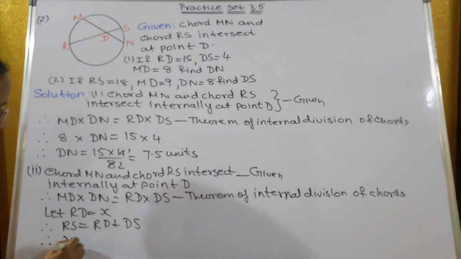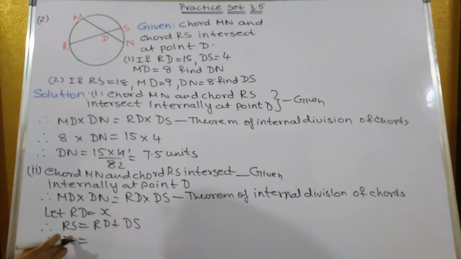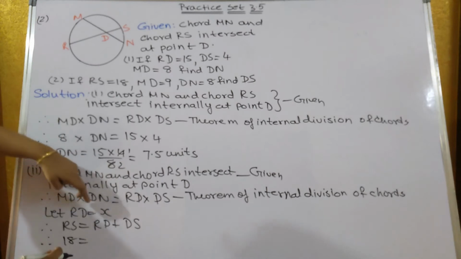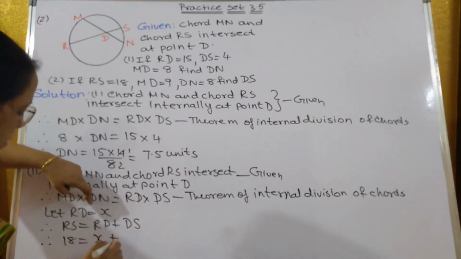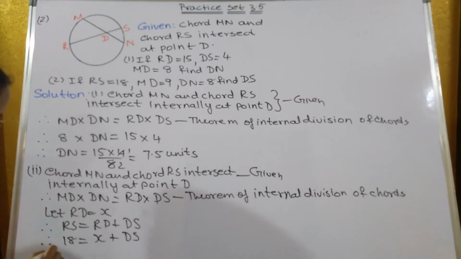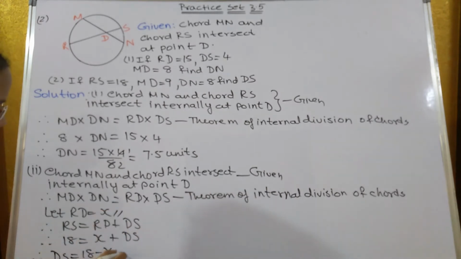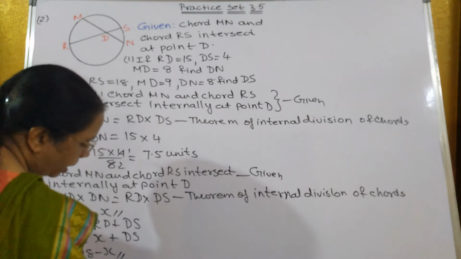Therefore, X is equal to RD. RS is equal to how much? 18. 18 is equal to RD we have taken as X plus DS. Therefore, DS will be equal to 18 minus X. So what we have taken RD equal to X, and what we have got DS. DS is equal to 18 minus X.